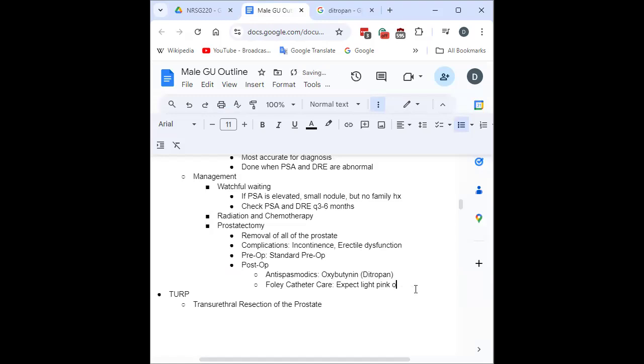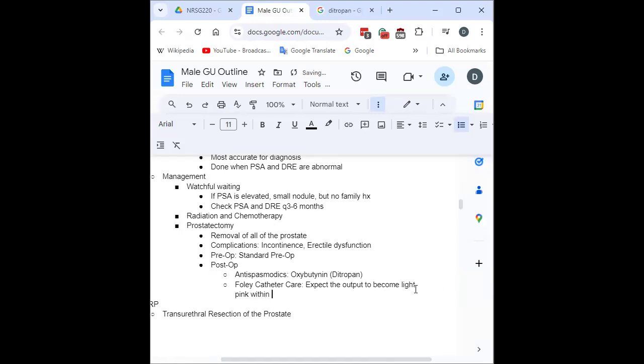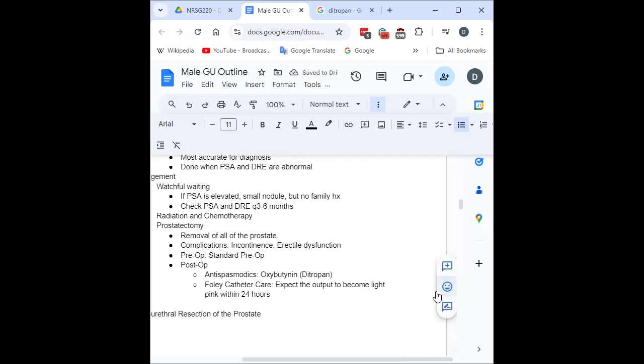Expect the output to become light pink within 24 hours. And the rest is just standard care.